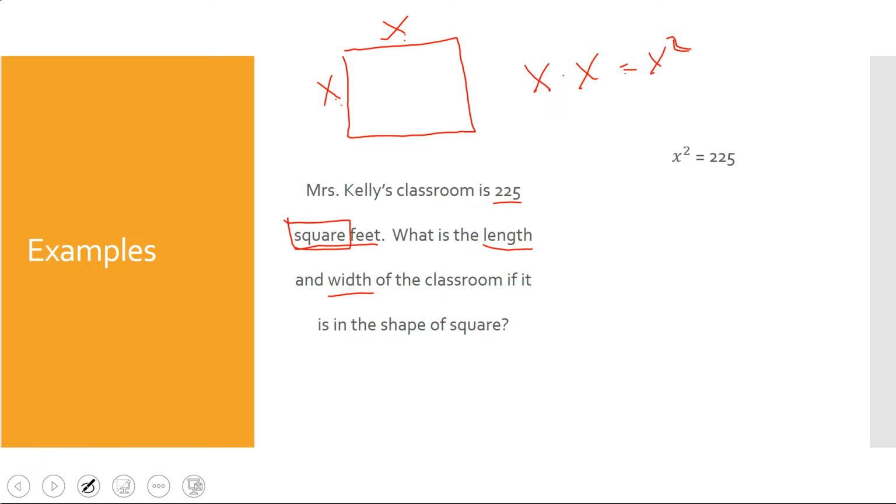So all we're saying is that whatever x is squared is going to give us 225, because we know the lengths and the widths are the same. So to solve this, we just find the square root of each side, and I get x equals 15. So I know the length and the width would be 15 feet.